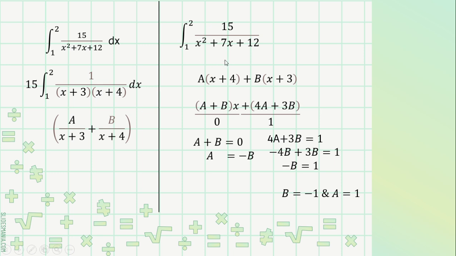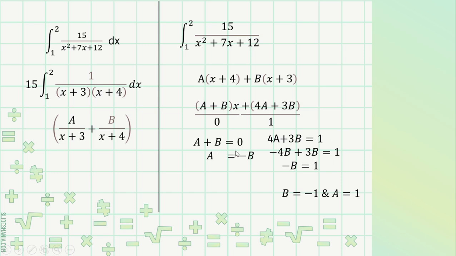Same as the previous one, we cross-multiply a with x plus 4 and b with x plus 3, and we get a plus b times x, plus 4a plus 3b. So a plus b will be equal to 0, and 4a plus 3b will be equal to 1.